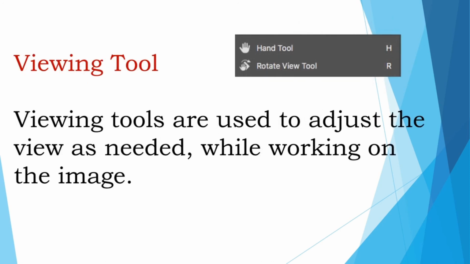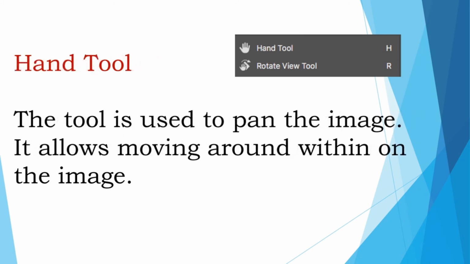Viewing tool. Viewing tools are used to adjust the view as needed while working on the image. Hand tool. Hand tool is used to pan the image. It allows moving around within the image.